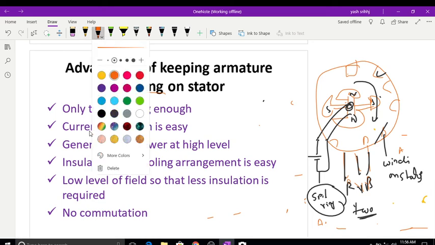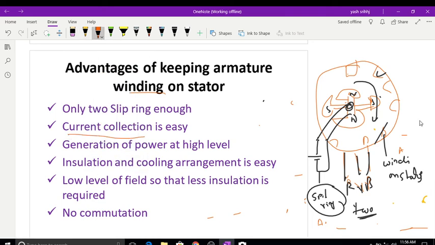Current collection is easy, because you can collect the current directly from the RYB phases. And generation of high level power is possible because current collection is easy.